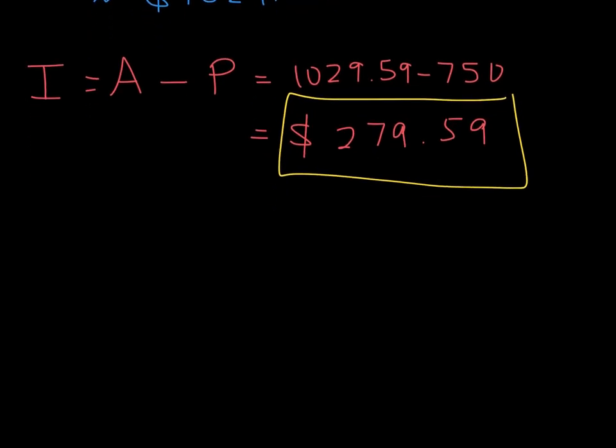Now, another very important concept and something that's super valuable is called present value. You may wonder what amount of money you must deposit in an account today. Like, how much do I need to invest today in order to have a certain amount of money in the future?